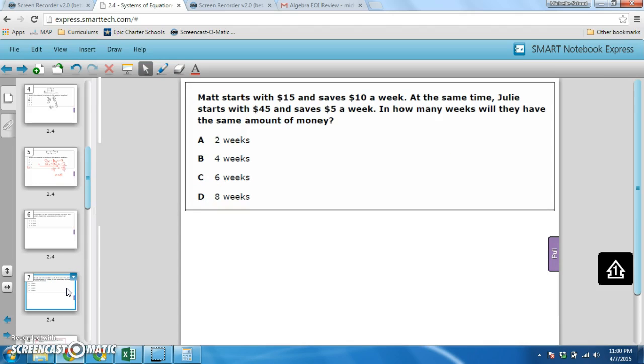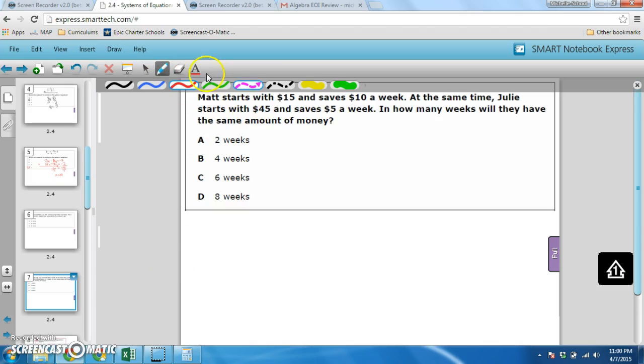Okay, so Matt starts with $15 and saves $10 a week. At the same time, Julie starts with $45 and saves $5 a week. In how many weeks will they have the same amount of money? So since they're going to have the same amount of money, we're going to set those equations equal.